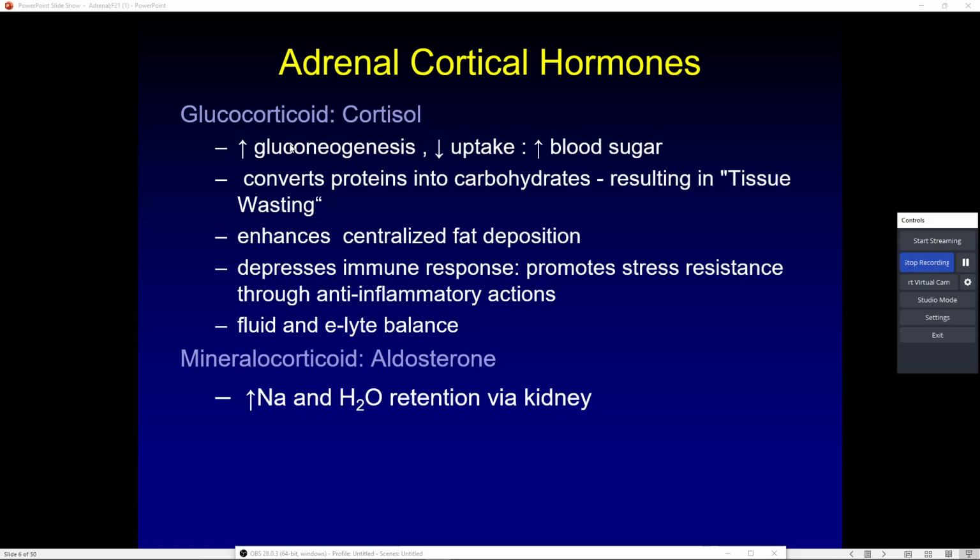We are decreasing the uptake of sugar, and we are increasing the blood sugar available to the cells to increase metabolic production of ATP. My apologies. We enhance centralization of fat deposits.